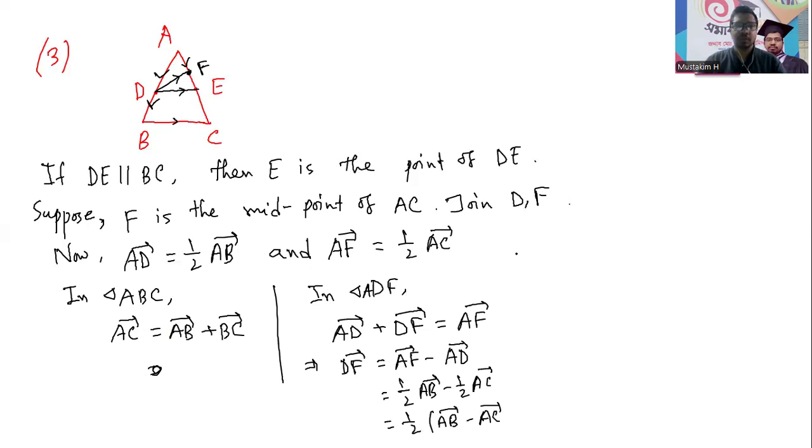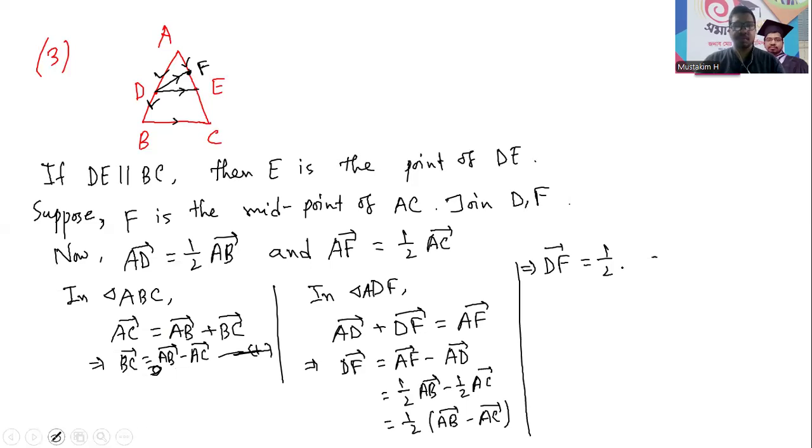Now DF vector equals half of, from equation 1, AC vector equals AB plus BC, so half of BC vector.